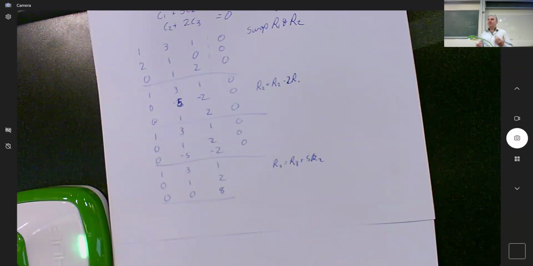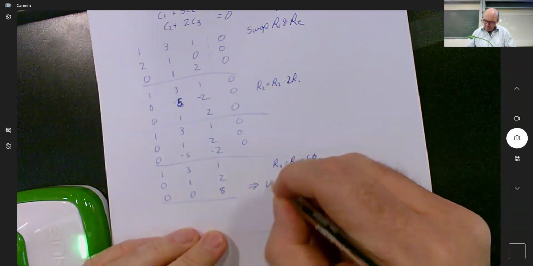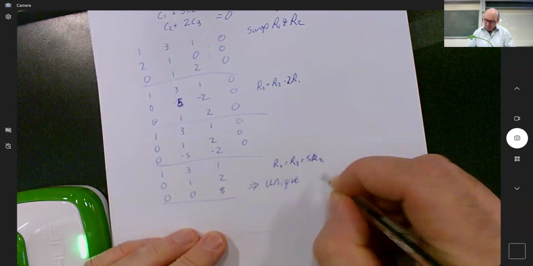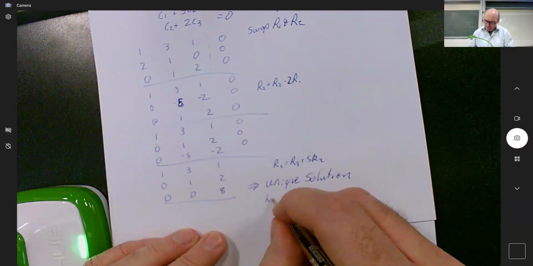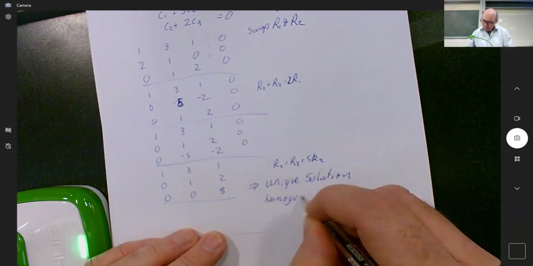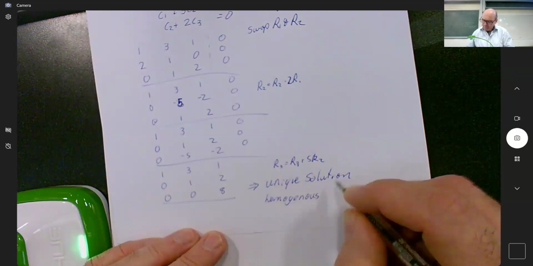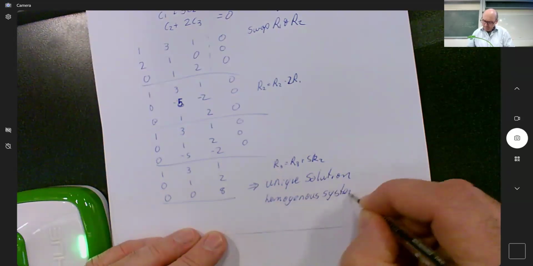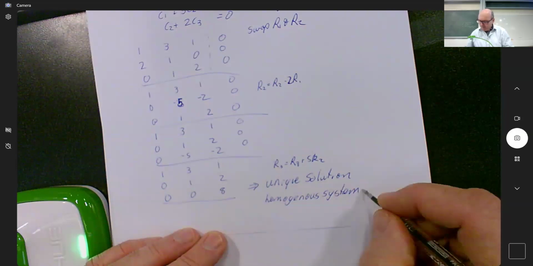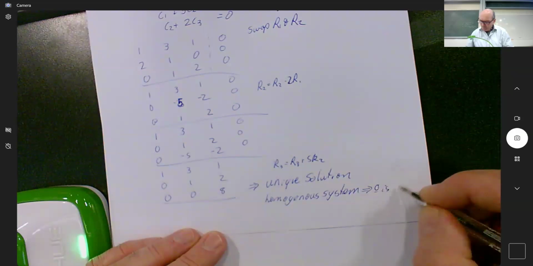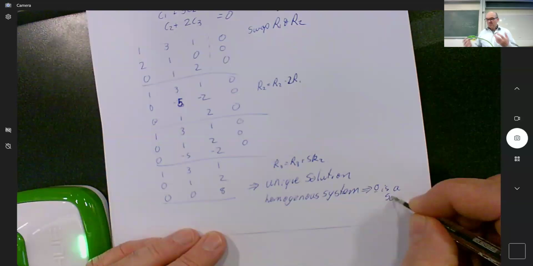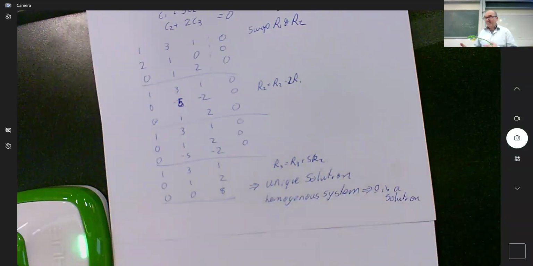And because it's a homogeneous system, 0 is a solution.